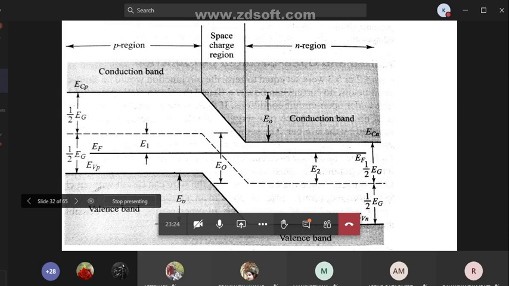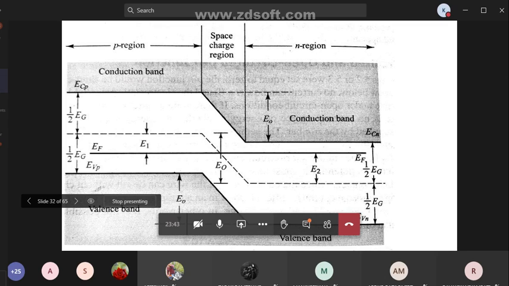Similarly, due to the increase in the hole density in the valency band of the p type, the Fermi level moves downwards. See here, in the p region the Fermi level is nearer to the valency band, but in the n region the Fermi level is nearer to the conduction band. Clear?